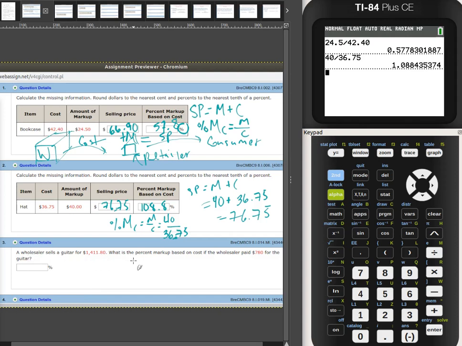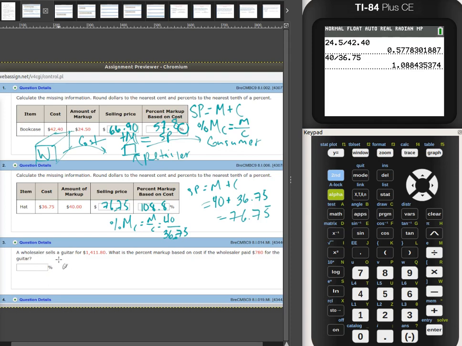We want to find out what is the percent markup based on cost if the wholesaler paid $7.80. So in this case, the wholesaler is being the middleman. He must have bought this guitar from some type of a factory or something like that, and he's going to sell it to Guitar Center or whatever, and then they are going to sell it to a consumer.